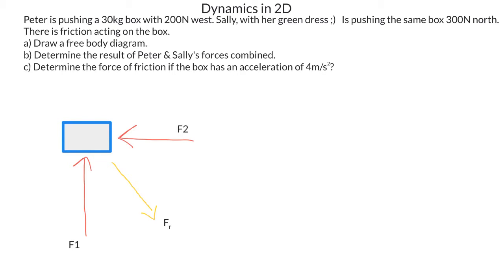Then we're taking a look at B, determine the result of Peter and Sally's forces combined. Well, really, I am just wanting to take a look at what is the combination of this force and this force. Now, hopefully you can recognize that these two forces are not in the same direction, so it's not as easy as just simply adding the 200 and the 300. I actually have to do some two-dimensional work here.